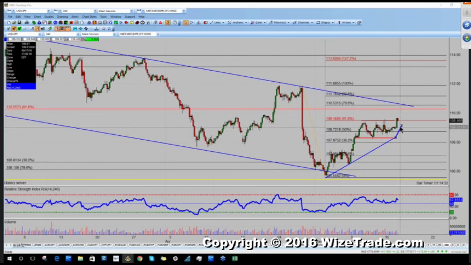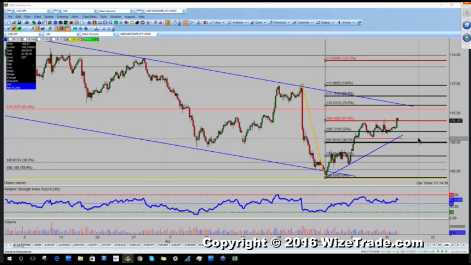I tend not to focus a whole lot on Japanese data because in the past it has not really moved the FX market. However, Paul seems to think that a weak GDP print could really force the hand of the BOJ to act, to do more quantitative easing.